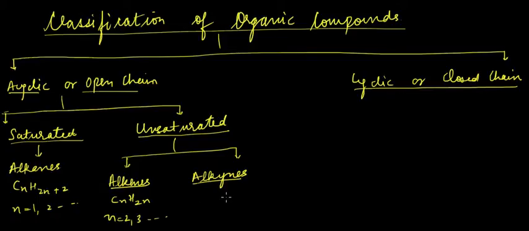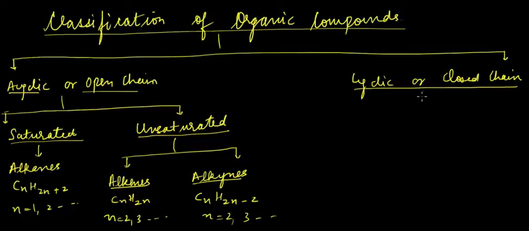Because for any double bond or triple bond to occur in an organic compound, we must have two atoms. So for alkenes, the double bond should exist between two carbon atoms, so at least n should be 2. Similarly for alkynes, or for triple bonded carbon atoms, n should vary from 2, 3, 4 and so on.